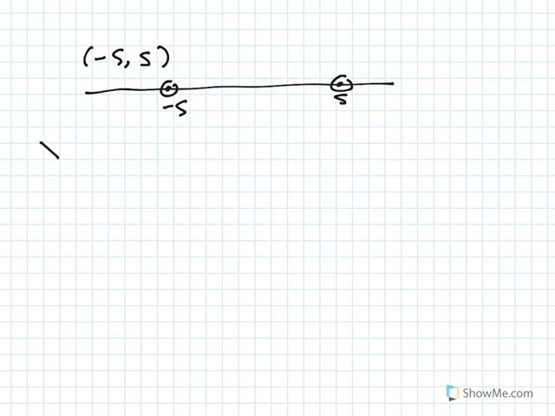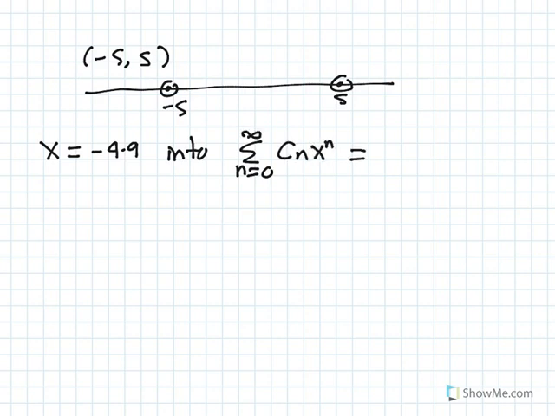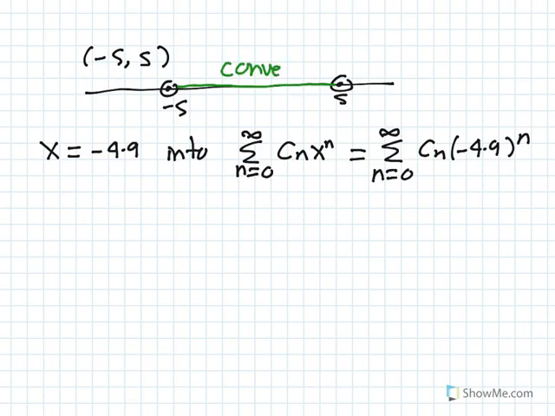Now let's plug in x equals negative 4.9 into the power series, summation n equals 0 to infinity, c sub n, x to the power of n, and we obtain summation n equals 0 to infinity, c sub n, times negative 4.9 to the power of n. Now, the power series converges in this interval. We also know that the power series converges at x equals negative 5, so let's make it a solid circle. Now, the question is, where is x equals negative 4.9?